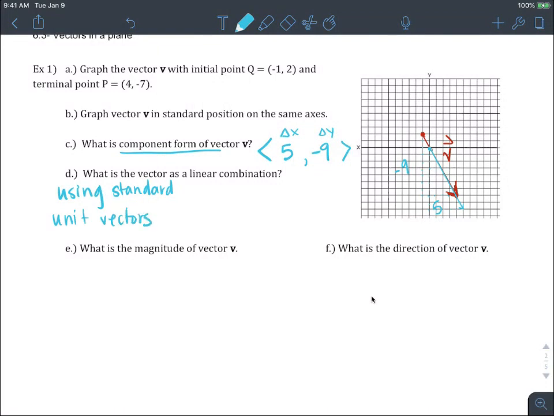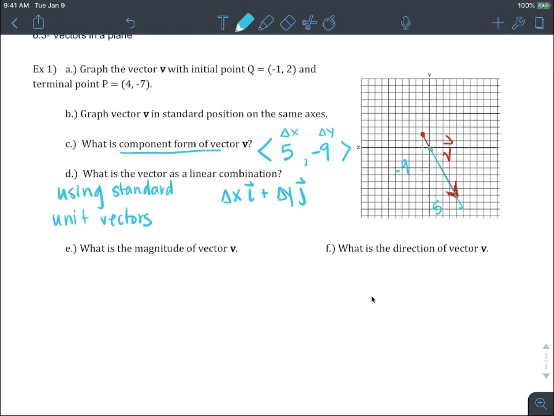Okay. So what we say is it's the change in x times the i vector plus the change in y times the j vector. Remember, i is horizontal and j is vertical.